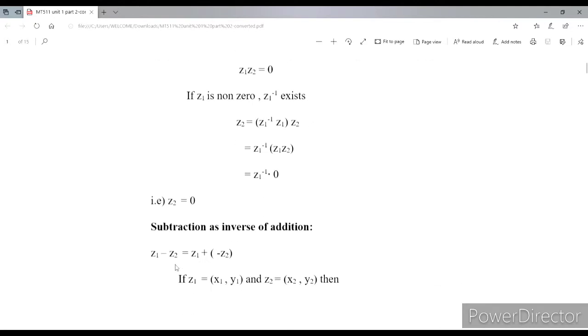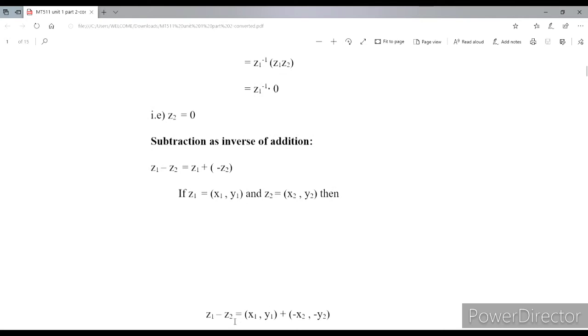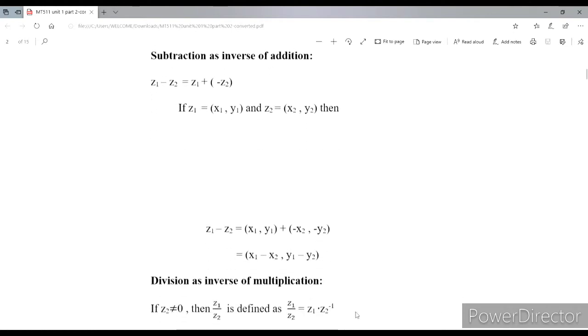That is, Z1 minus Z2 is nothing but Z1 plus minus Z2. If Z1 is x1, y1 and Z2 is x2, y2, then Z1 minus Z2 is x1, y1 plus minus x2, minus y2. That is, adding the real part, it is x1 minus x2, imaginary part is y1 minus y2.